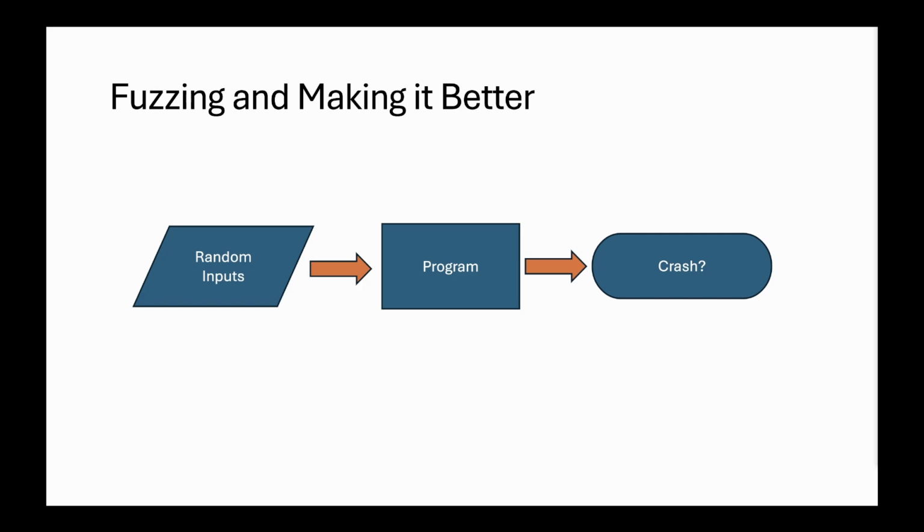This is demonstrated in this little graphic here. This is a very highly simplified version of what a fuzzer looks like. Essentially it's just, as I said, taking these random inputs, putting them into a program, and then hopefully waiting to see if we get a crash from it.